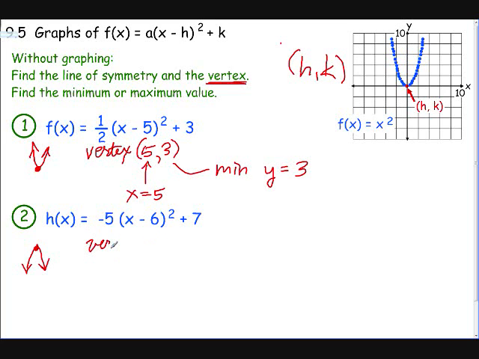Let me get the vertex first. The vertex is at, that's right, it's positive 6, positive 7. So my line of symmetry is at x equals 6.